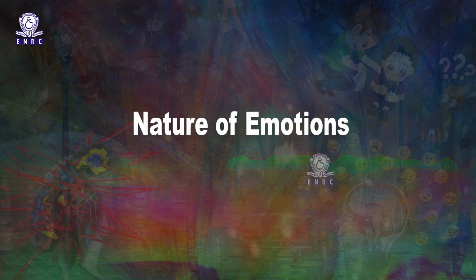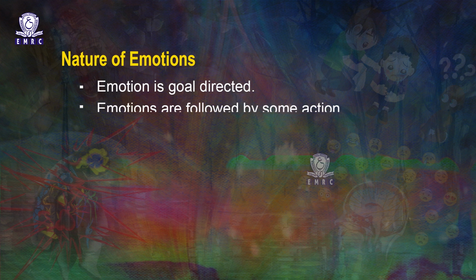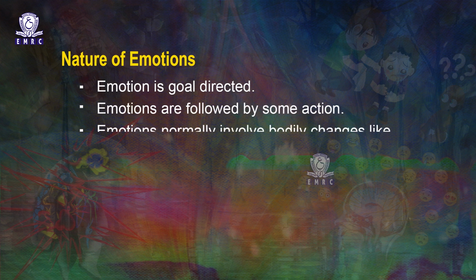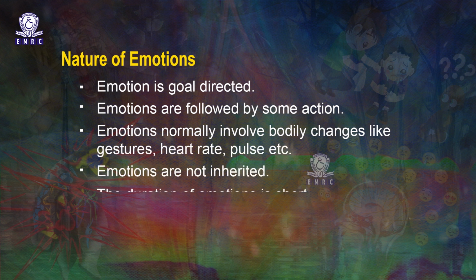Now, we look at the nature of emotions. Emotion is goal directed. Emotions are followed by some action. Emotions normally involve bodily changes like gestures, heart rate, pulse, etc. Emotions are not inherited and the duration of emotions is short.